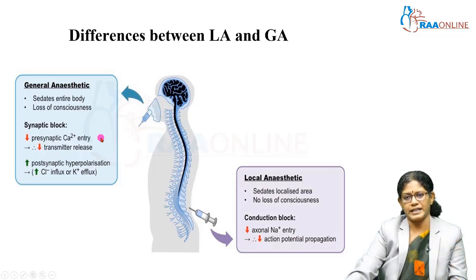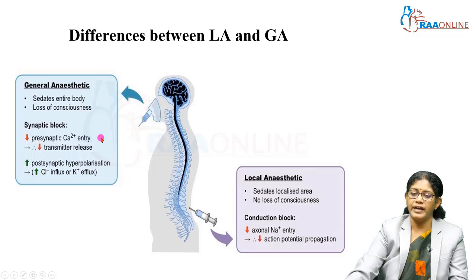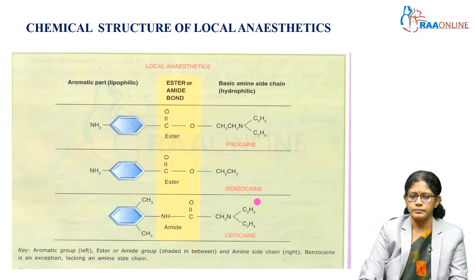General anesthetics act on NMDA as well as GABA receptors. But local anesthetics act on a localized area with no effect on consciousness. They mainly block the sodium channels, that is, axonal sodium entry, and impulse conduction is blocked by local anesthetics.